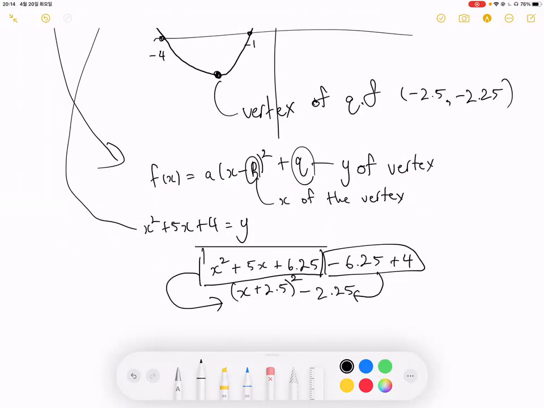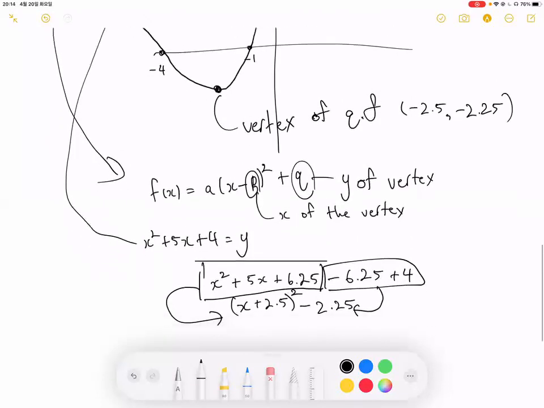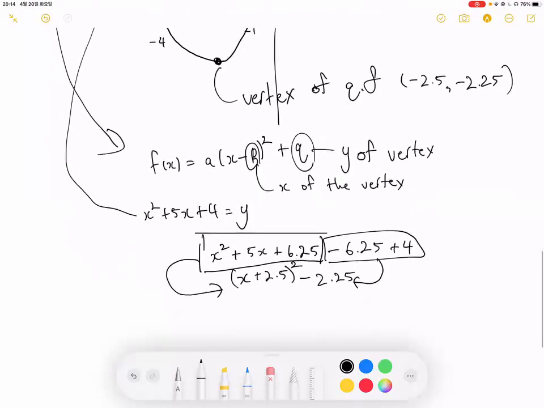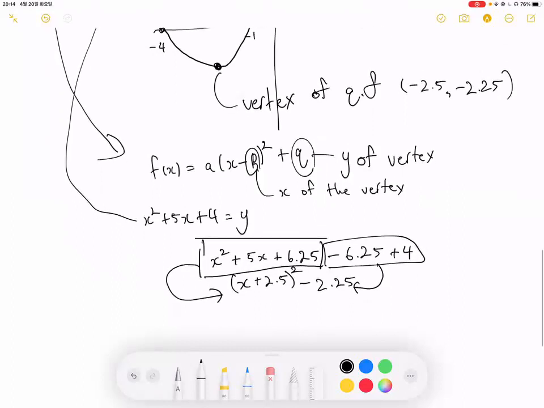And the y coordinate is negative 2.25, since q just has a plus in front of it. Hopefully that makes sense. If you have any questions, just write them down in the YouTube comment section, and I'll be glad to help you out later on.